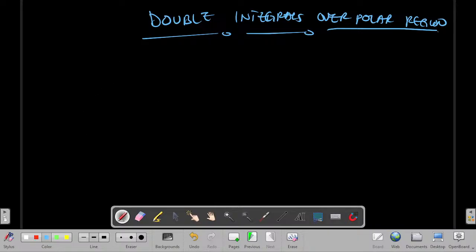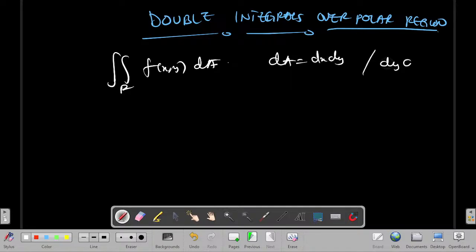Now, generally we know that double integrals over a region are f of x, y, dA. You have seen that the dA is either equal to dx dy or dy dx. We can change this to a different variable using the Jacobian. You learn the Jacobian alongside, but for now, you accept the change like that, okay?